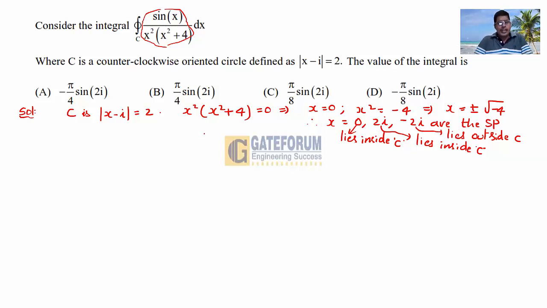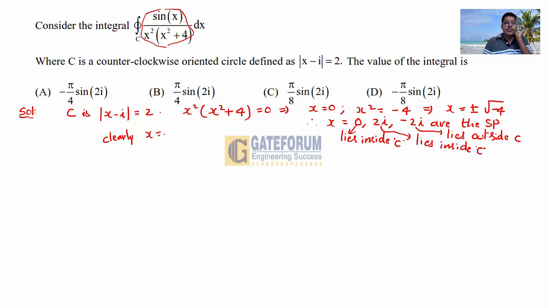So, you know the types of singular points are usually pole, removable singularity, essential singularity. Poles of a given integrand can also be obtained by equating the denominator to 0. Clearly, this x is equal to 0 singular point is obtained from the factor x square, and the power of x is 2.